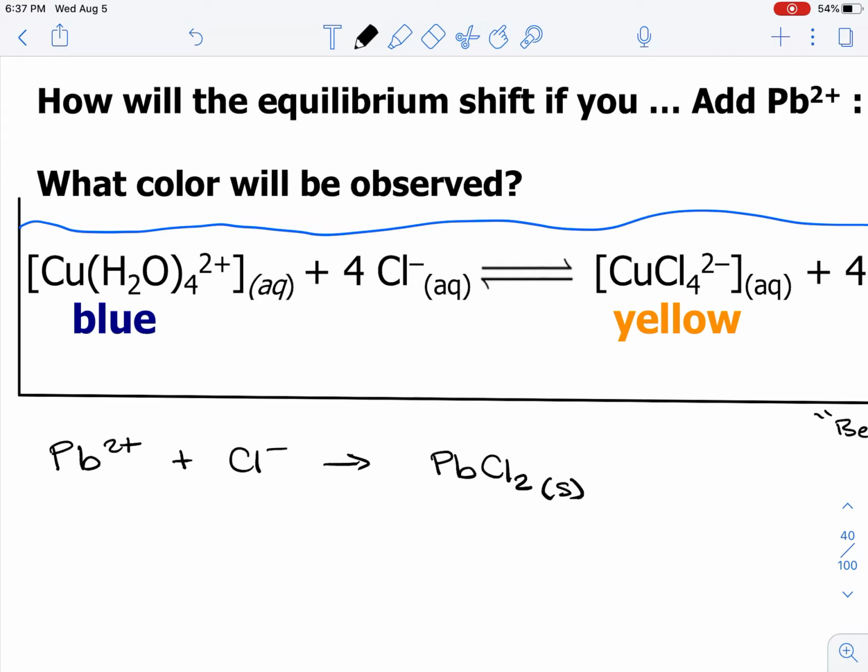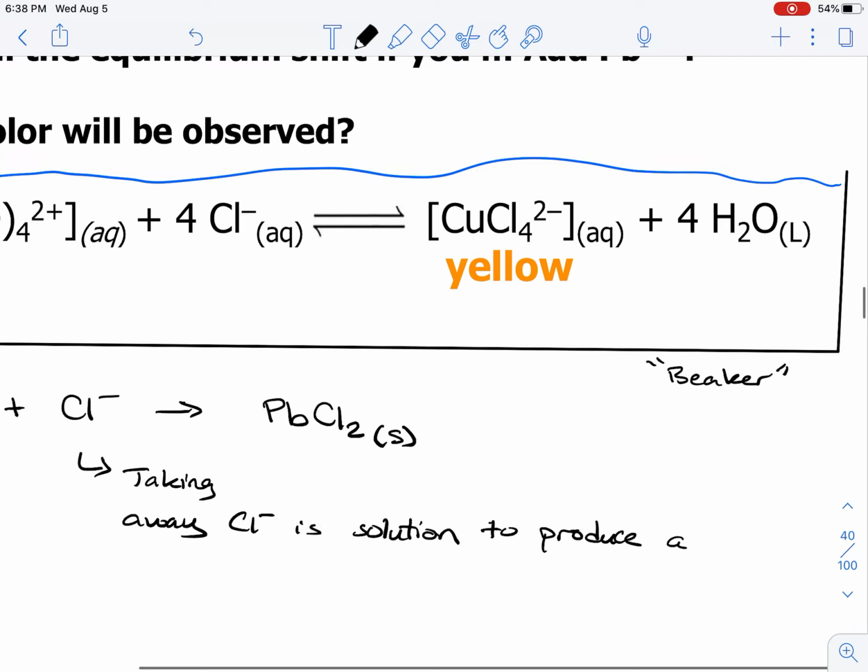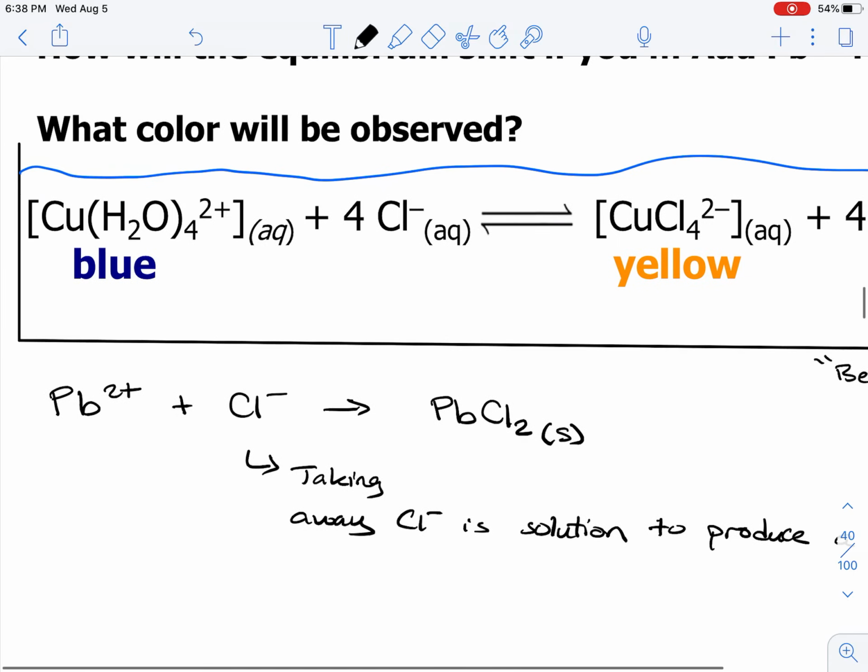So what you're doing is taking away Cl minus in solution to produce a precipitate, and this precipitate is solid in state.